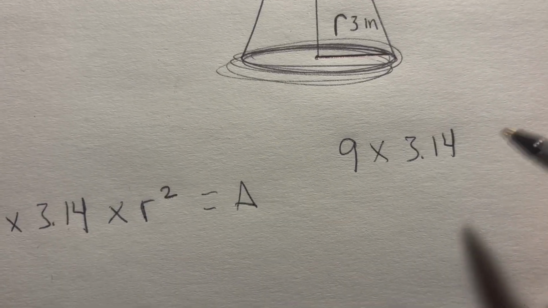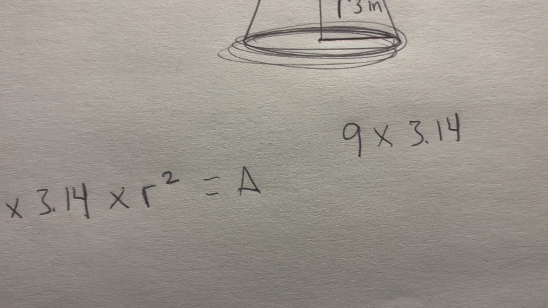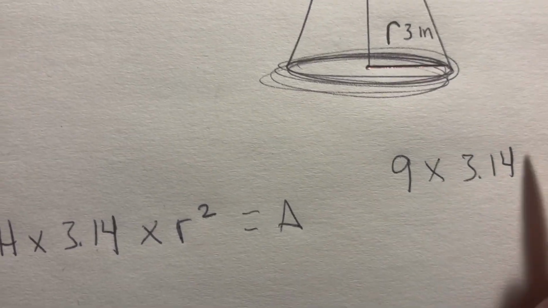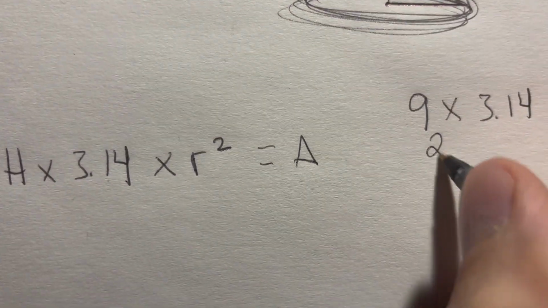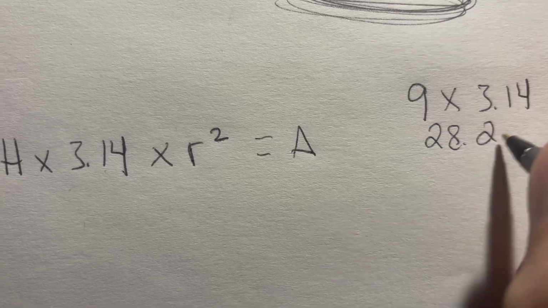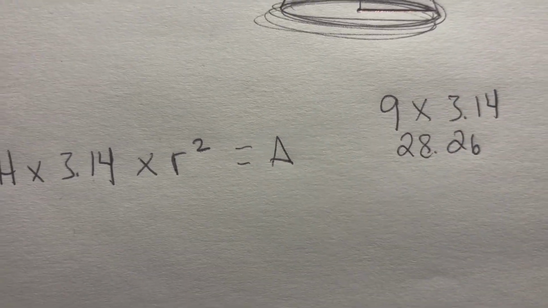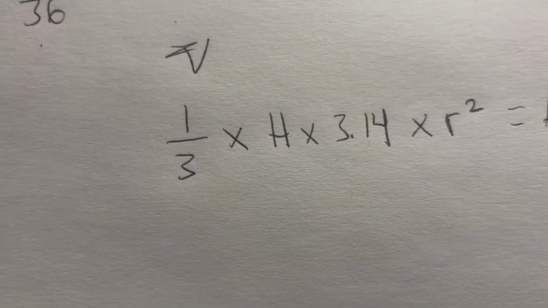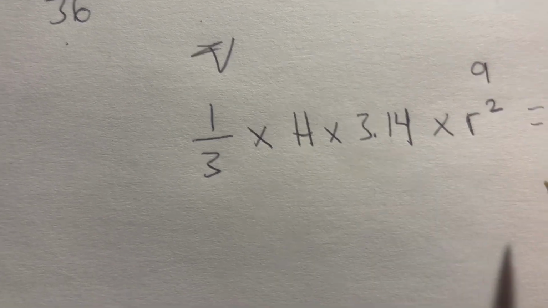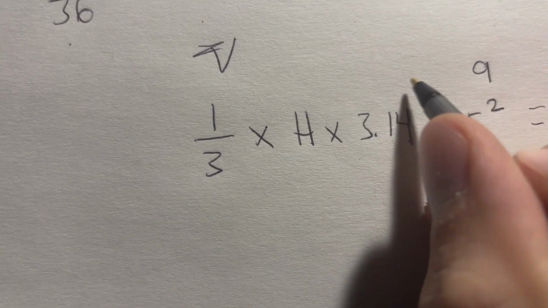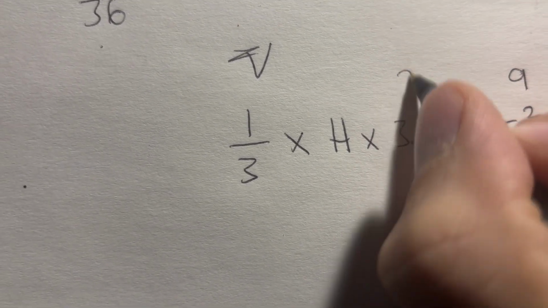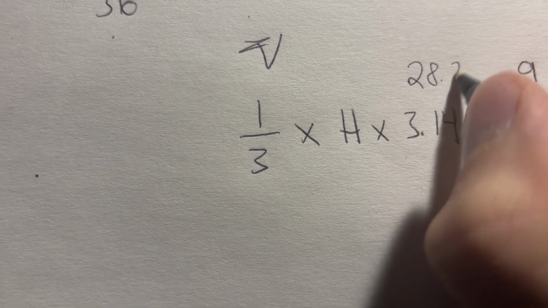And then 9 times pi is 28.26. So I'll just put it right here, 28.26, like so. So the radius squared was 9, and multiplied by pi is 28.26.